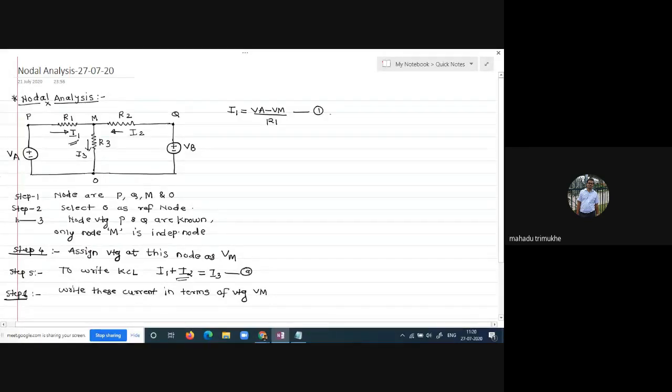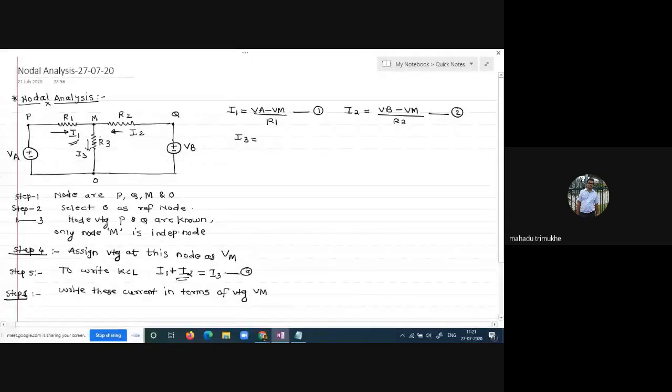Similarly, I2 is equal to VB minus VM divided by your R2. That is equation number 2. And the third one is I3.